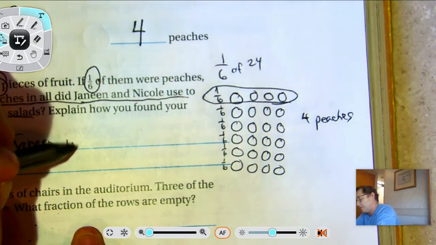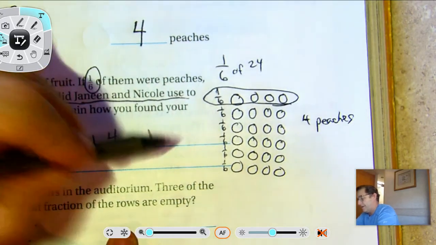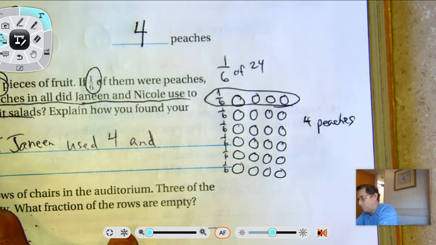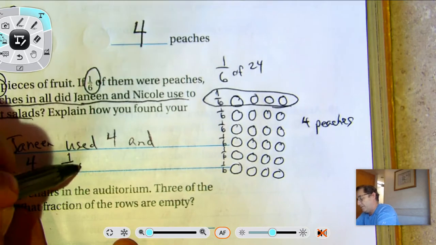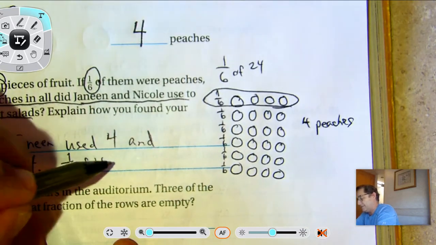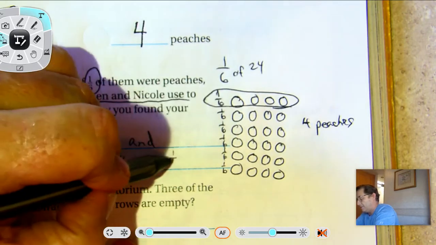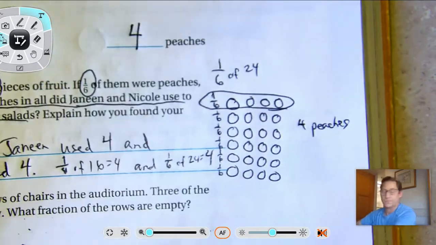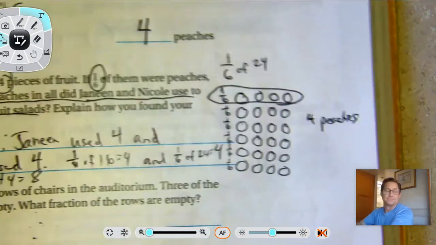Janine used 4, and Nicole used 4. 1/4 of 16 is 4, and 1/6 of 24 is 4. 4 plus 4 is 8.